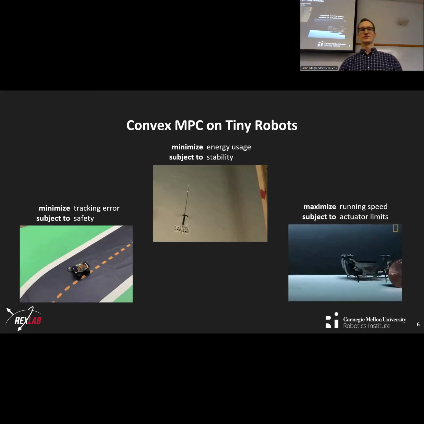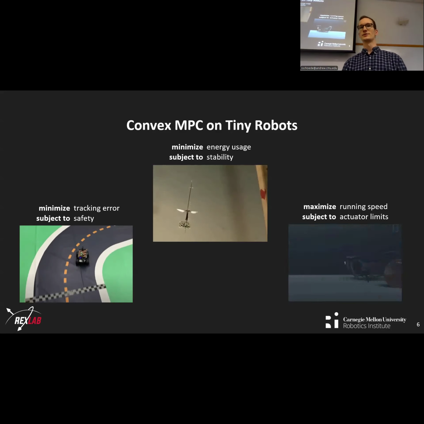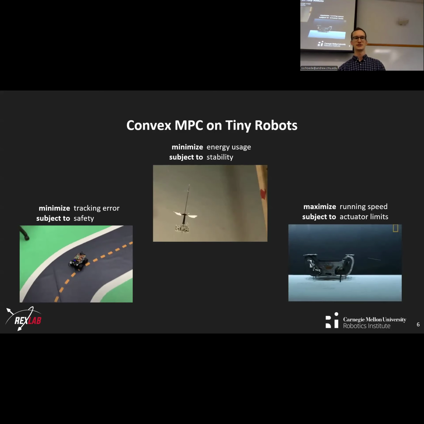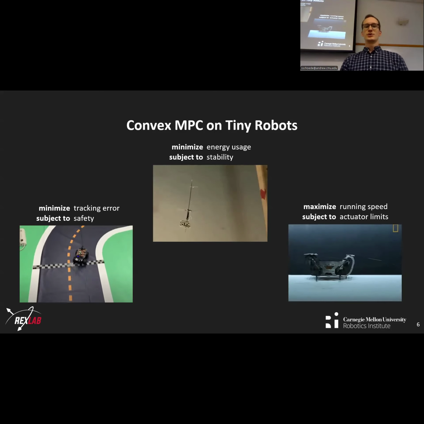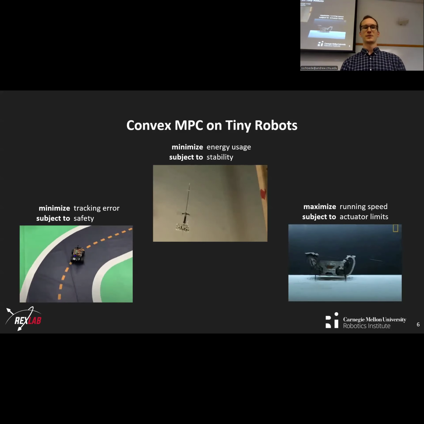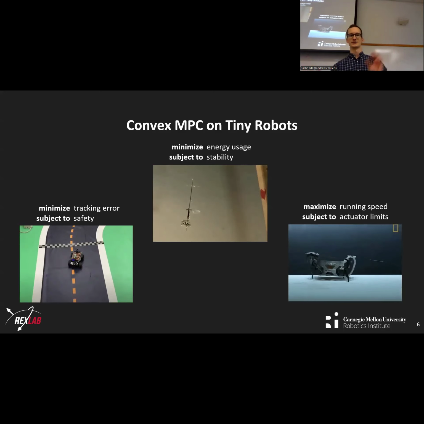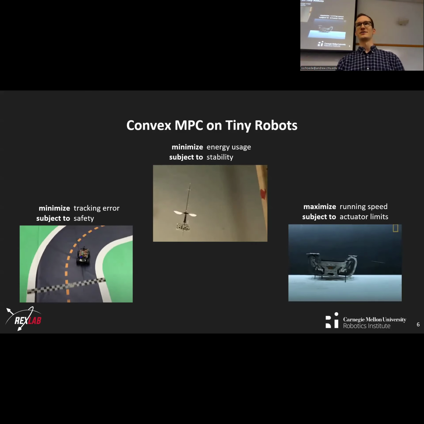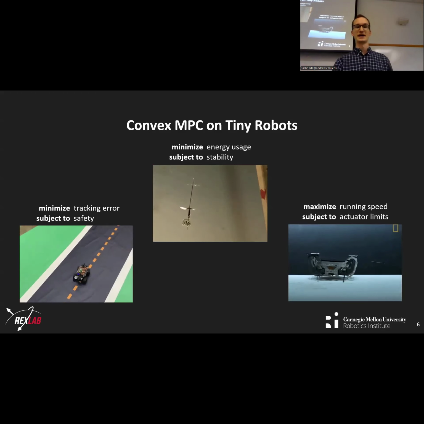Let's say we want to do the same thing on tiny robots. We want to perform these cool behaviors, super dynamic, subject to complex, constantly changing constraints. The computers that tiny robots can carry are generally constrained to microcontrollers. Sometimes you can fit a Jetson Nano or something tiny on there, but most of the time, they're not going to be as powerful as the computers that you can store on these massive robots.